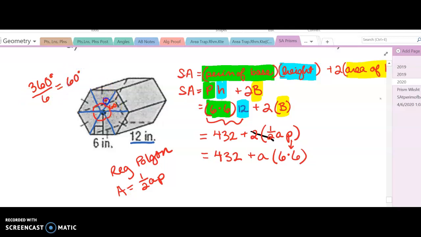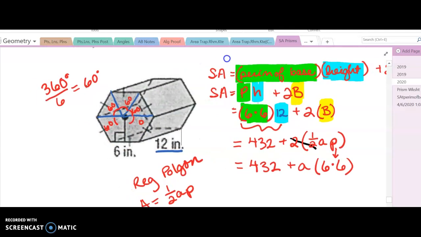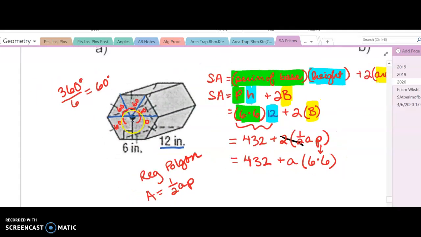So this is 60, this is 60, this is 60, 60, 60. And now here's the magic, because when I have that apothem drawn in, it splits up that 60 into 30 and 30. So now I can find the length of that green line using a 30-60-90 triangle.